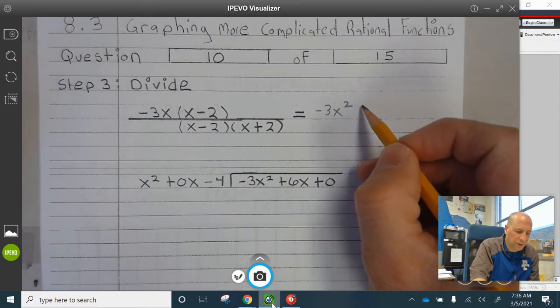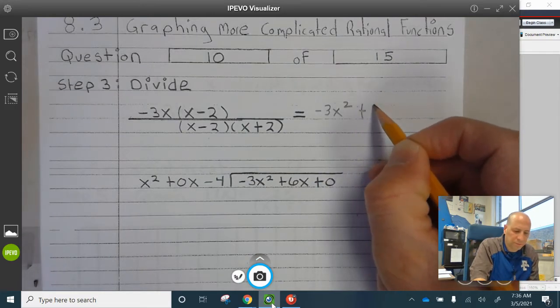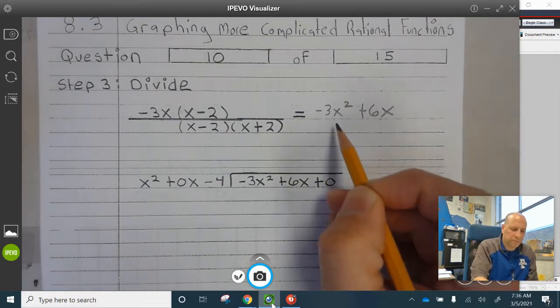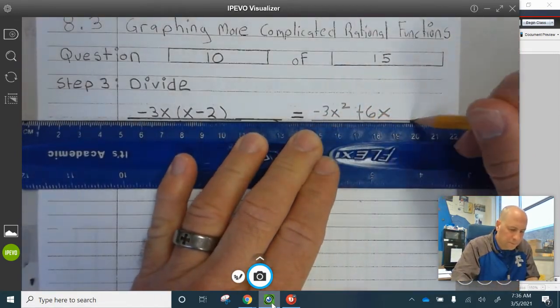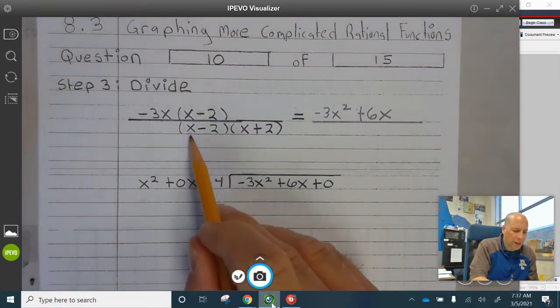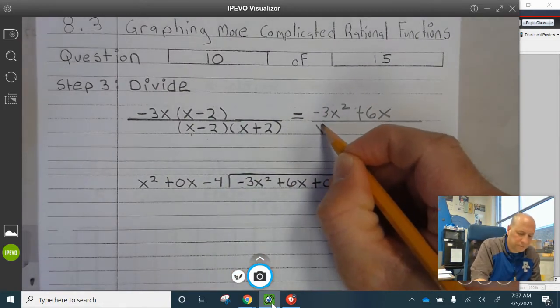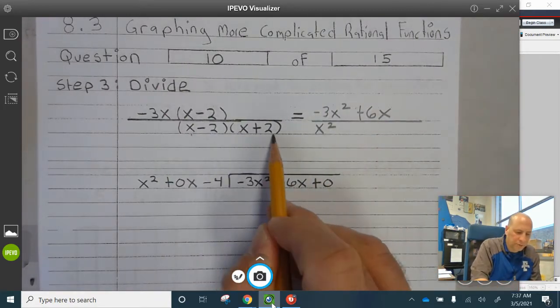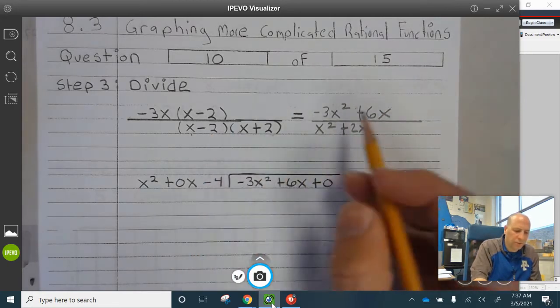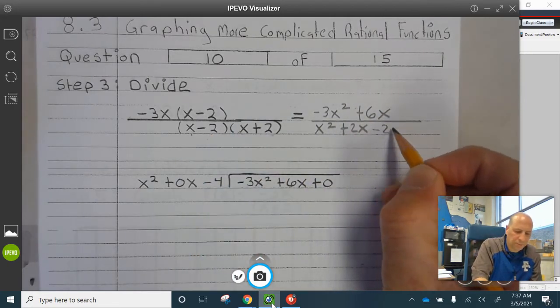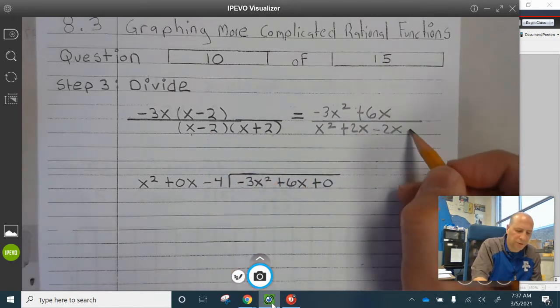Negative 3x times negative 2 is a positive 6x. Okay, now we FOIL. X times x is x squared. X times 2 is plus 2x. Negative 2 times x is negative 2x. And then negative 2 times 2 is negative 4.